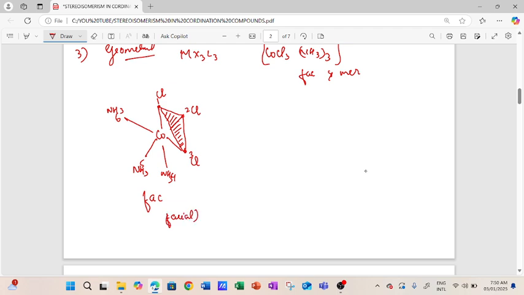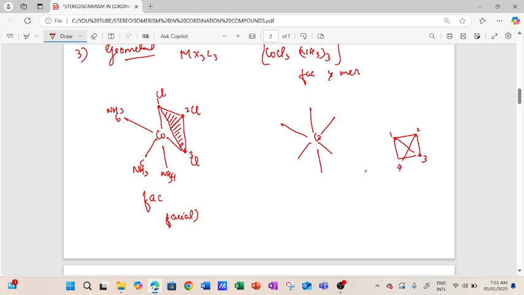Now meridional. To draw meridional isomerism, we know that the central plane has a square shape, and the square has 4 corners, 4 vertices like 1, 2, 3 and 4, and we can draw 2 diagonals. The diagonal positions are 1 and 3. 1 and 3 are the endpoints of a particular diagonal.